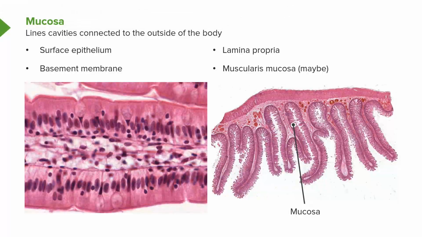But remember, the villus, the epithelium, and the underlying lamina propria, plus sometimes a little muscle layer you might see there, is called the mucosa. It's facing in towards the lumen. It's a cavity of a tube that's connected to the outside of the body, which is what the gut is.